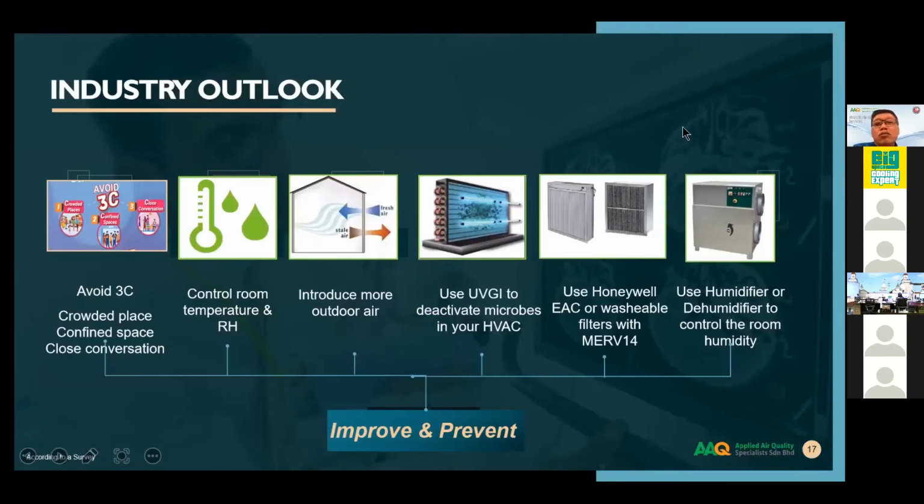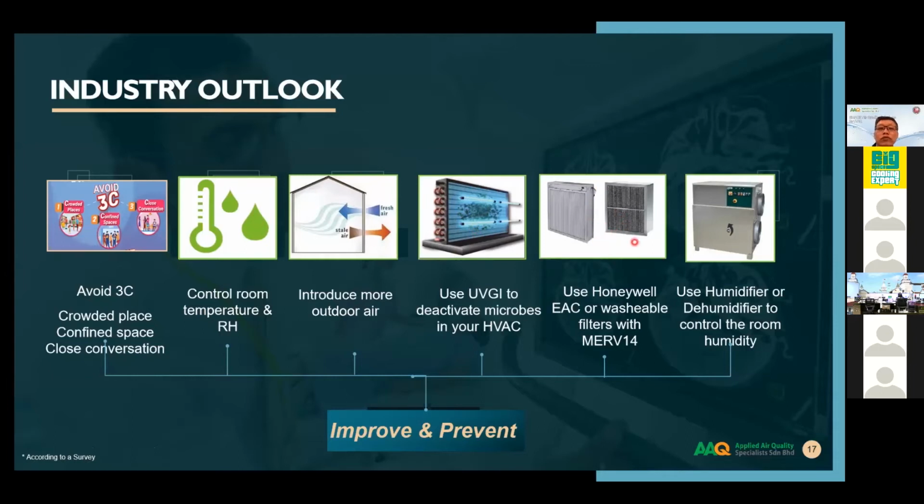Okay, so we are talking about the industry outlook. So this is the SOP over here. For the SOP, we have to follow the recommended control room temperature and IAQ guideline from DOSH, okay? Introduce more fresh air, use a deactivation system available, improve your filtration system, MERV 13 and above.